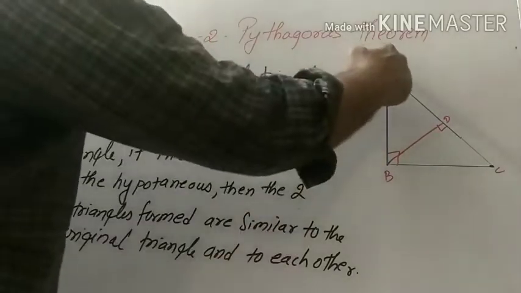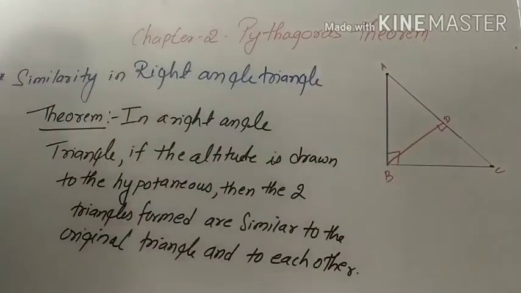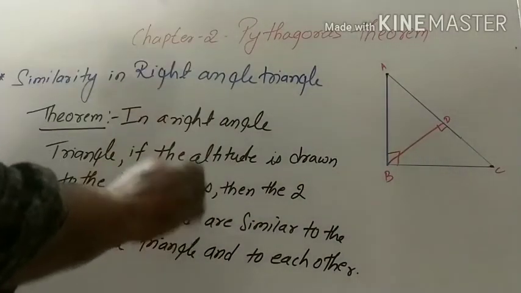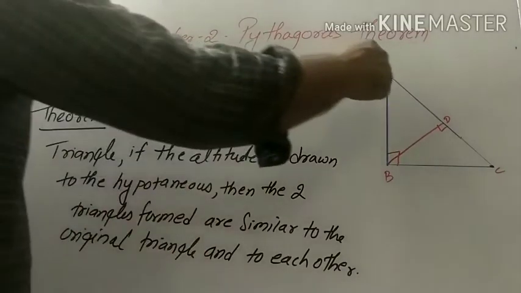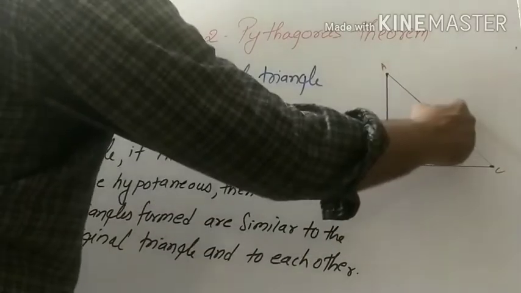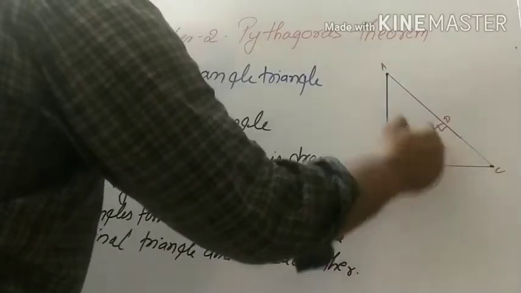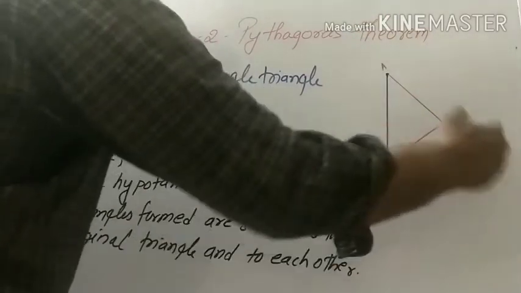Which two triangles? Triangle ABD and triangle DBC. Then the two triangles formed are similar to the original and to each other. Triangle ABD similar triangle ABC, triangle DBC similar triangle ABC, and triangle ABD similar triangle DBC.